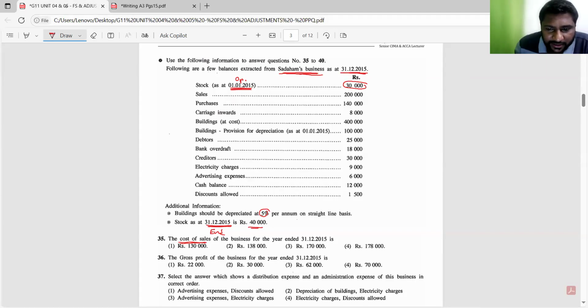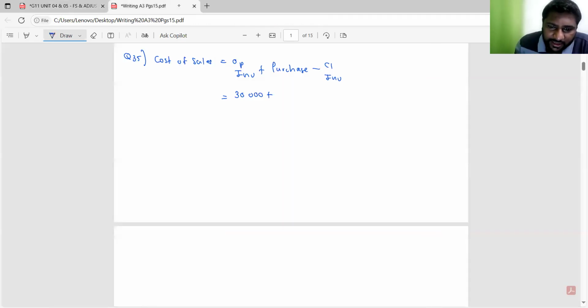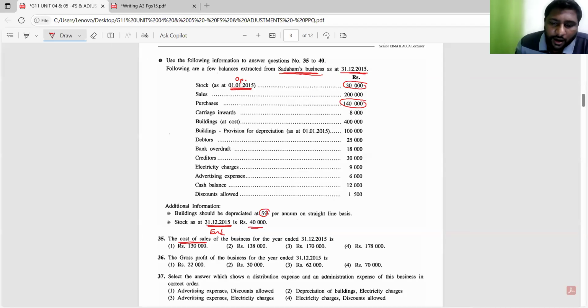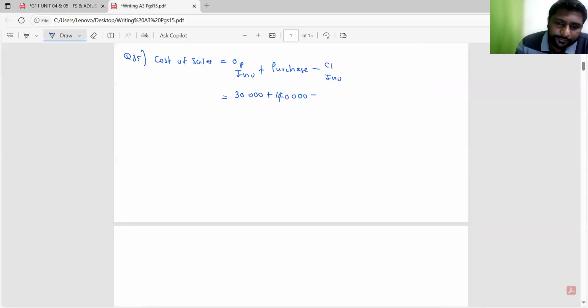How much purchases are there? 140,000 purchases. How much closing inventory is there? Under the additional information, 40,000.